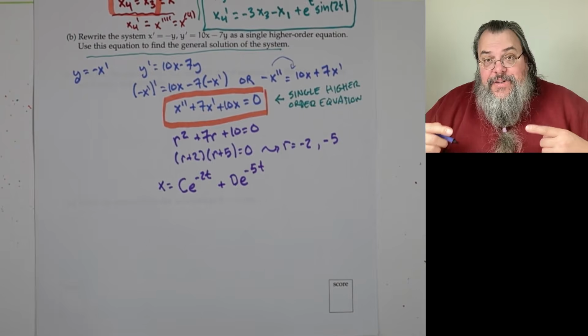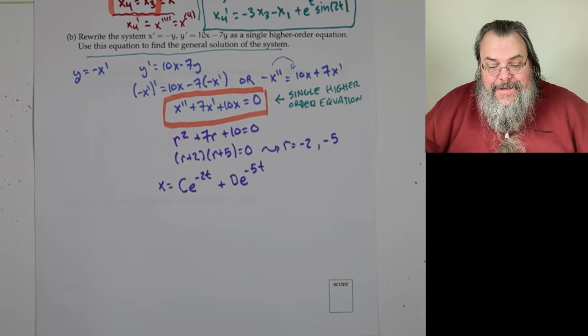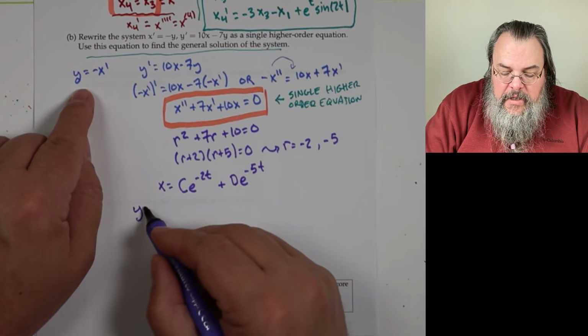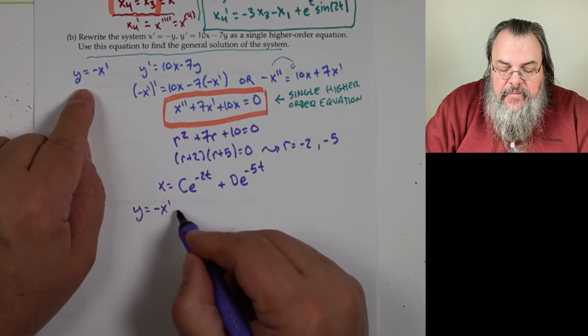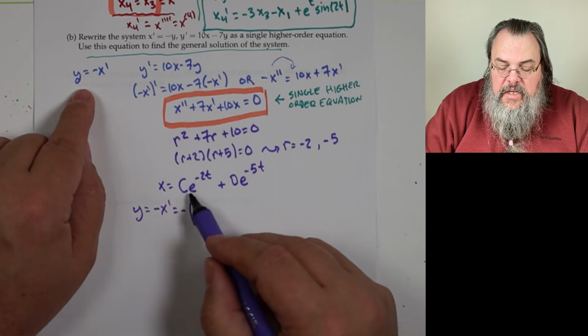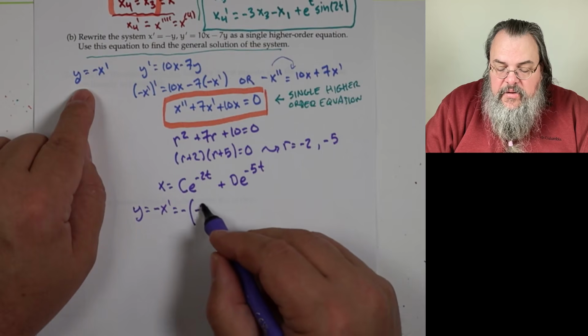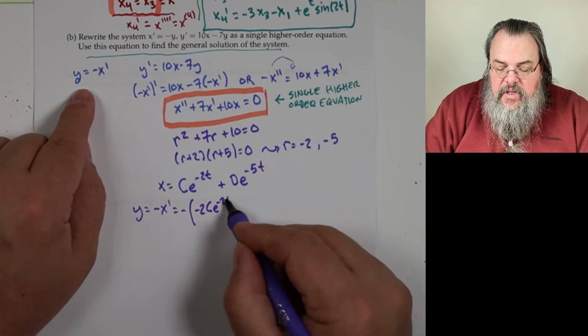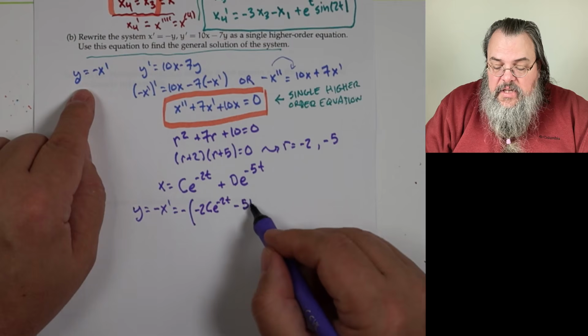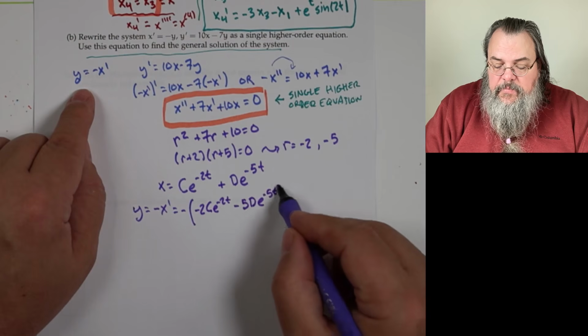We also need to solve for y. But now we say, well, y is minus x prime. So that's minus times, now take the derivative. Derivative of c e to the minus 2t is minus 2c e to the minus 2t. Derivative of d e to the minus 5t is minus 5d e to the minus 5t.